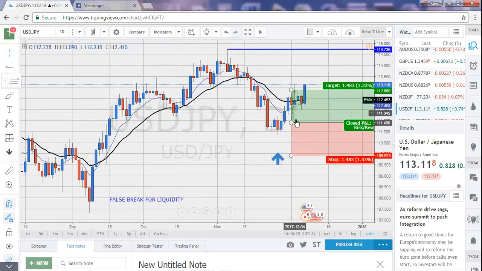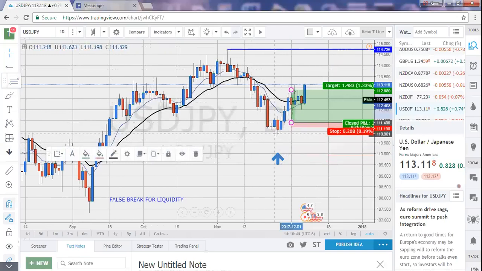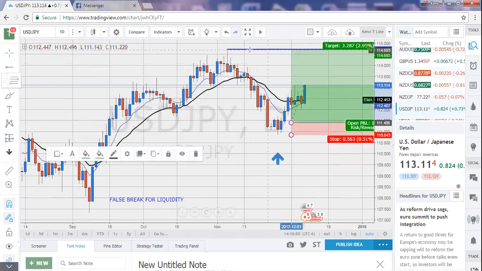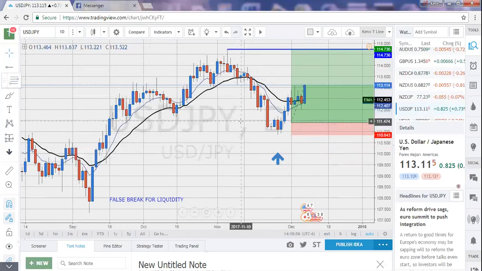All right. We're going to move the stop loss up to here. And then we're going to move this all the way up. We're going to go ahead and go to the swing high just for simplicity's sake.